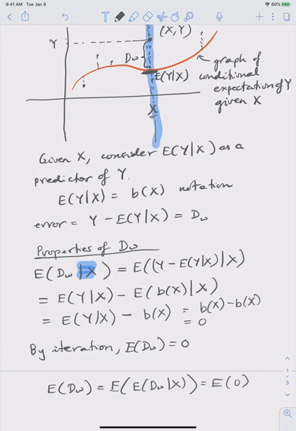You're looking at all possible deviations. And what we're saying here is that all of those deviations, we just average the whole lot, and then you get 0. No surprise there either.